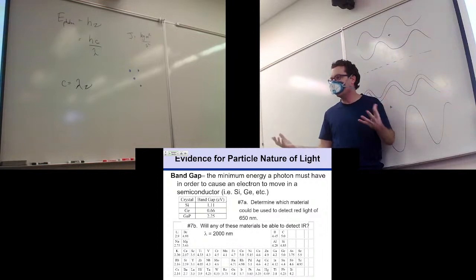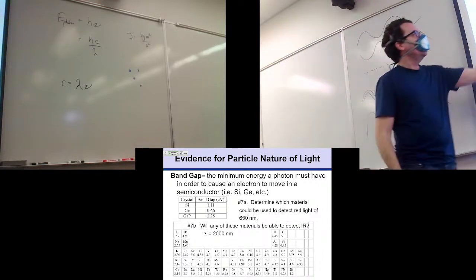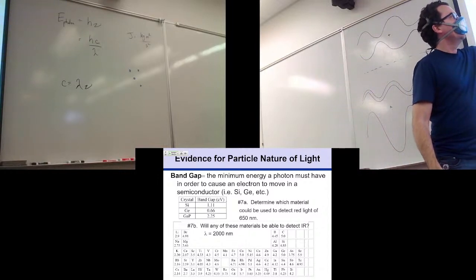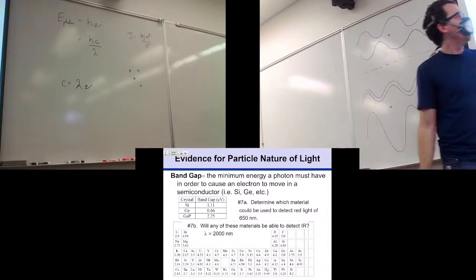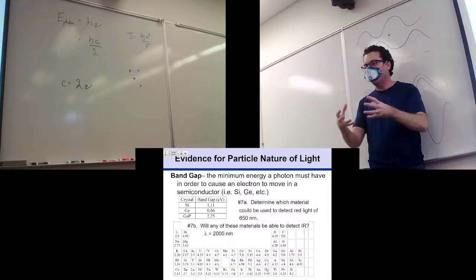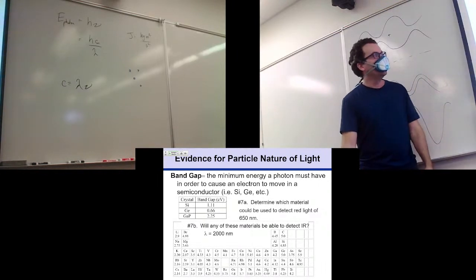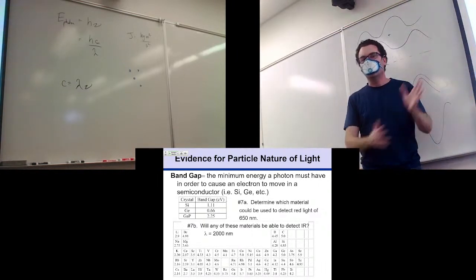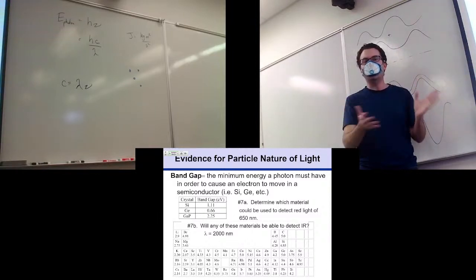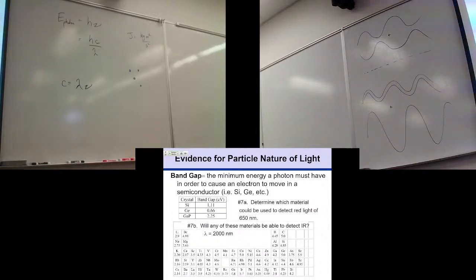If you have night vision goggles, it needs to read infrared light. So the idea is, could one of these materials switch on when it gets hit by red light? Like I said, a semiconductor, you give it some energy and it's suddenly conductive. That's like a switch. This is a high level concept, but we're using stuff that we already know, stuff that we just learned, to answer this question.